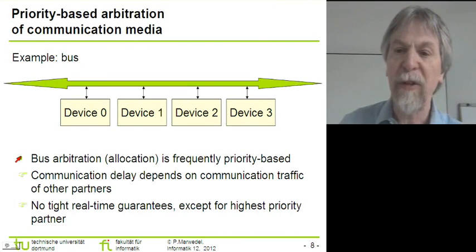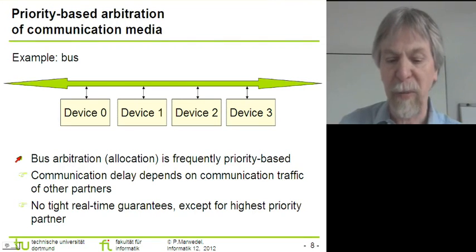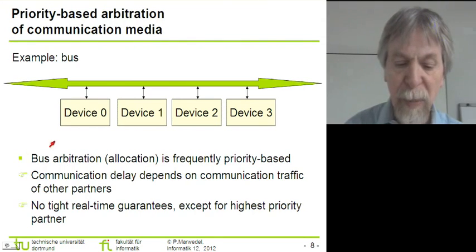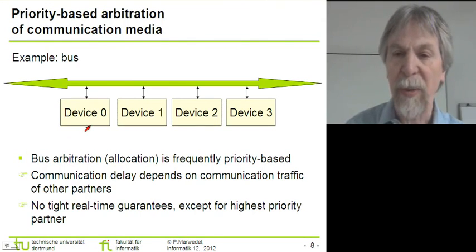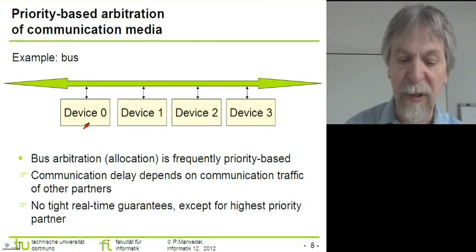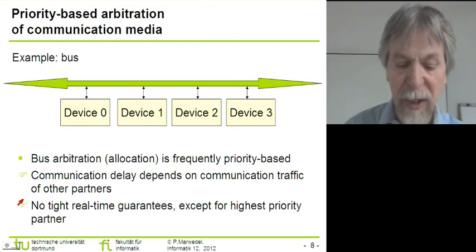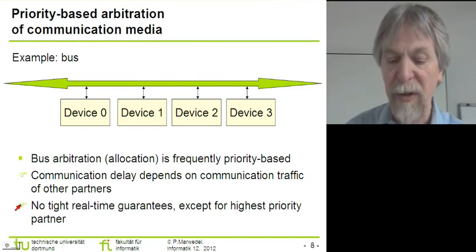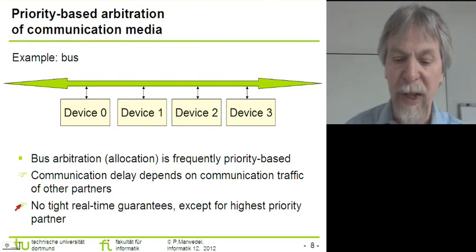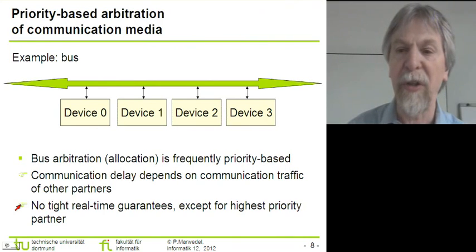That means, based on some more or less fixed priorities, we would be deciding among competing devices which of these devices would be allowed to access the bus. So as a result, we would again have no real-time guarantees except for that device that has the highest priority, and this has already led to some problems.